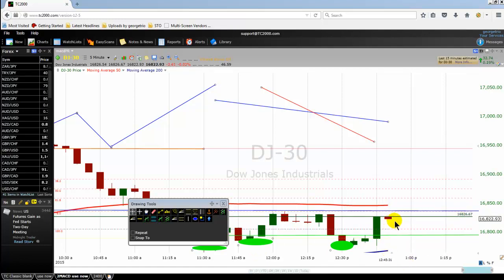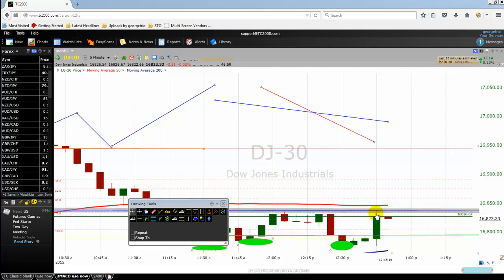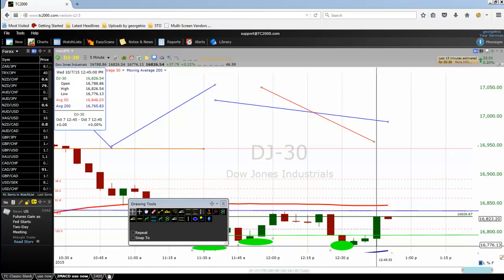Let's see where I can place my stop loss nicely. Normally, I should place it below this candle here. You see this candle here? That brought the price up, and the best place to put my stop loss is here.